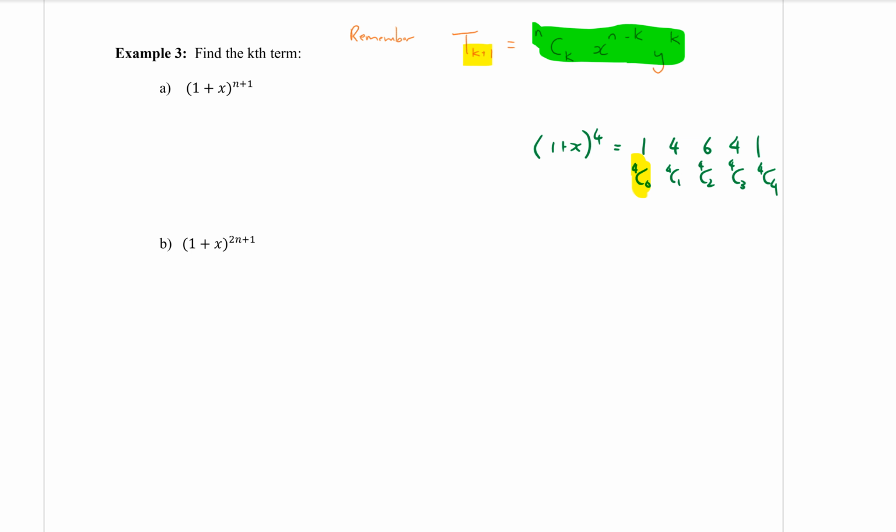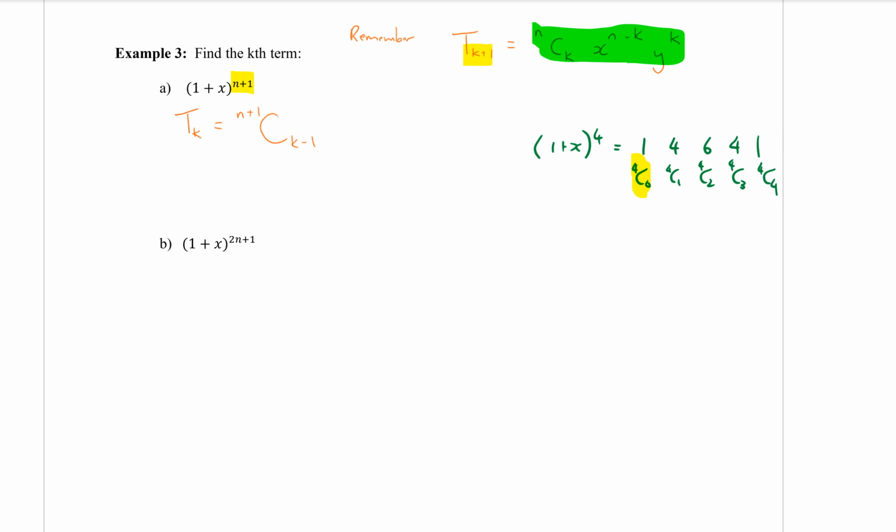So when I'm trying to find the kth term, so I want t to the k, that means I'm actually going to need one less in here for the bottom of my combination. The n on the top is always this power here, so the power that I have is n plus 1. C, and the k down here, as I said, is 1 less than what is on my term, so it's going to be k take away 1.